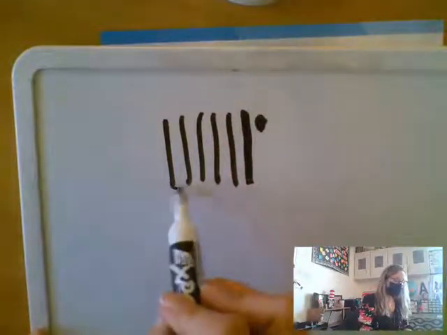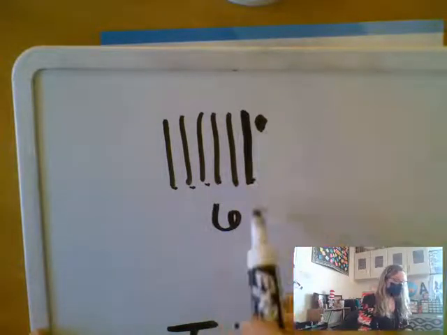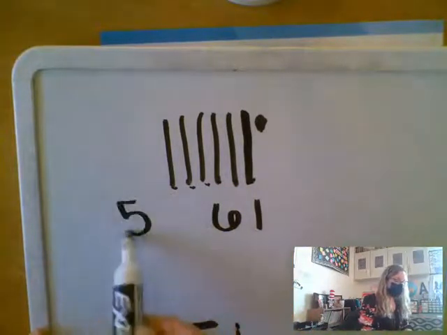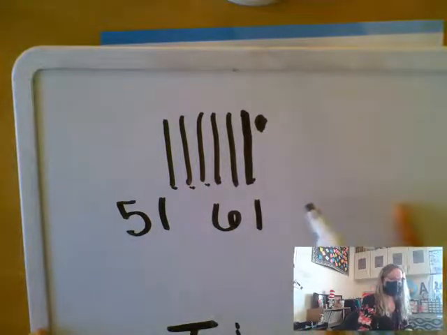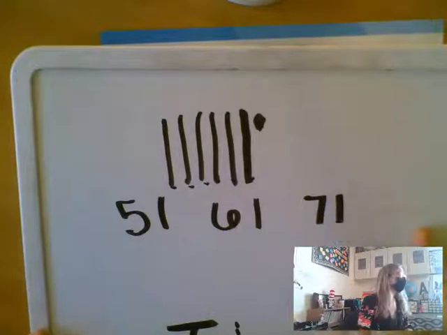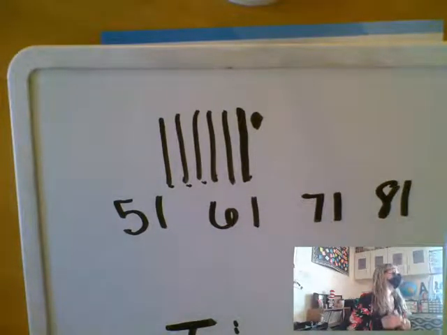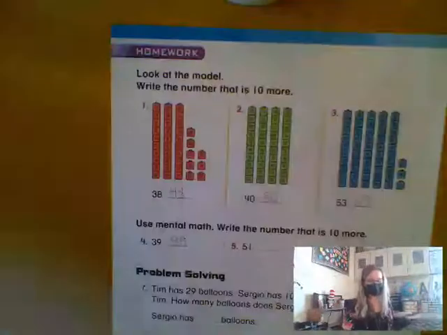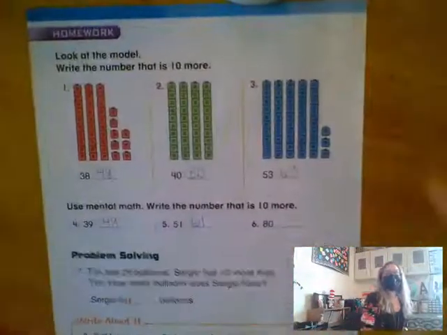So now I have 1, 2, 3, 4, 5, 6 tens and 1 one. So 10 more would be 61. And 10 more would be 71. Then 10 more would be 81. Then 10 more would be 91. You got it. Good job.